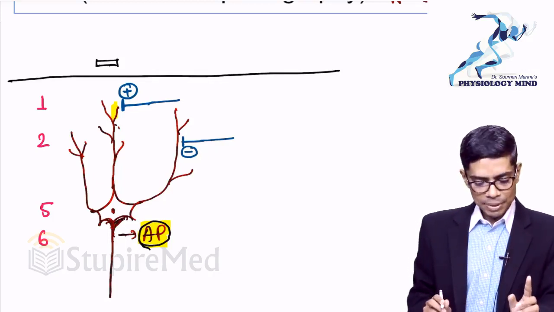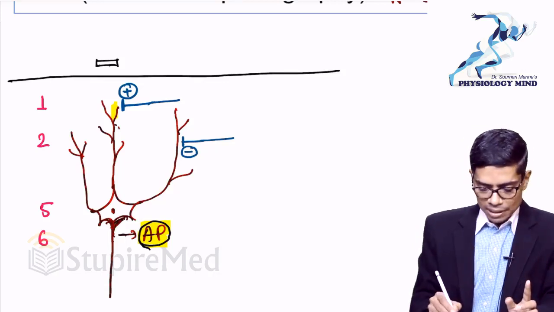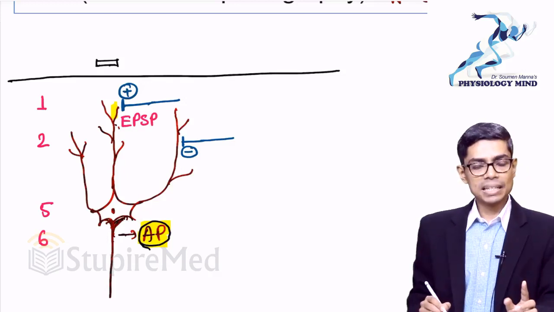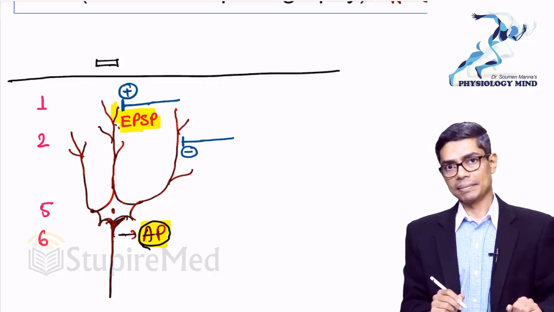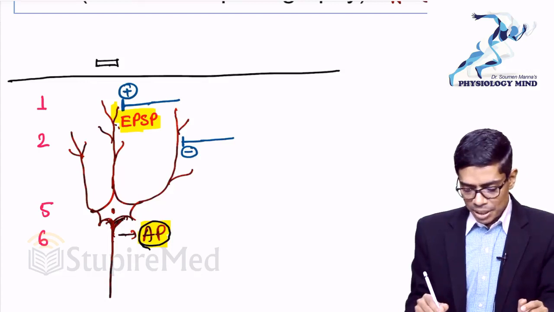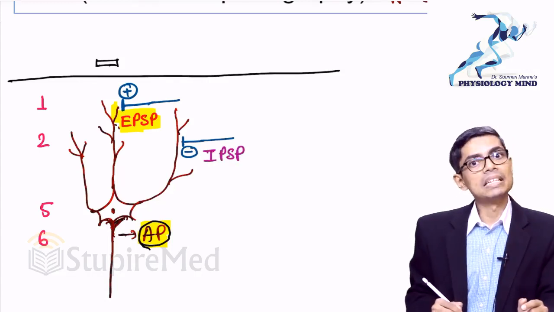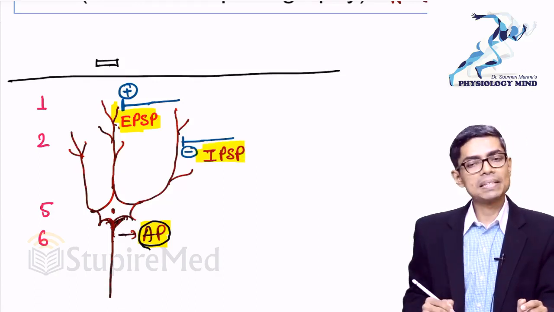This postsynaptic potential generated by the excitatory neuron is nothing but EPSP. So in this neuron, EPSP is a dendritic potential occurring at the level of the dendrites. Similarly, the inhibitory neuron produces a potential, the IPSP, inhibitory postsynaptic potential. Again, it's a kind of dendritic potential.